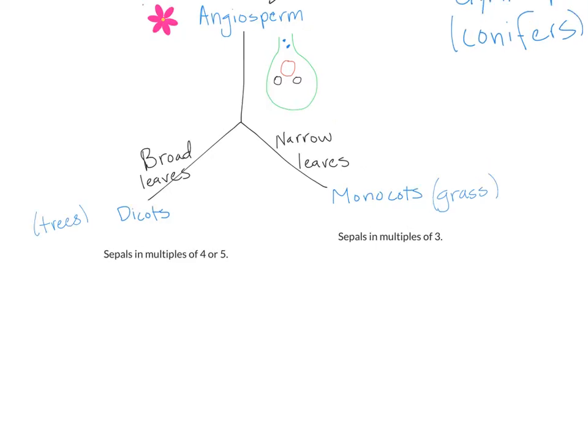Another important distinction between monocots and dicots has to do with the arrangement of their vascular tissue, or their veins, as they're sometimes called. If you look at a tree leaf, you're going to see little veins running through it that have a net-like structure.